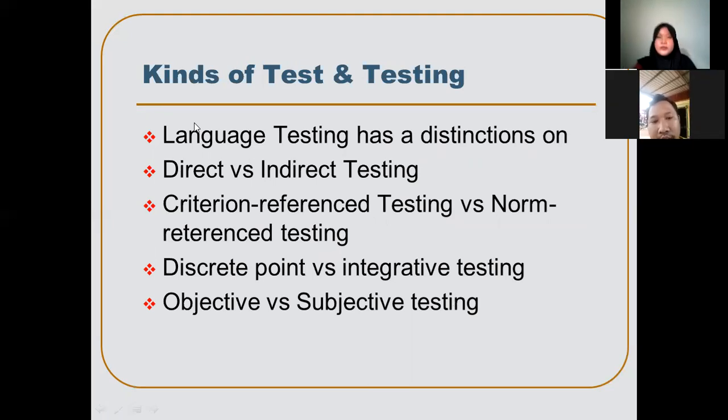It is important to know different types of tests that we can apply for different purposes, and how to test students with different aims. Here we normally see different pairs of tests, just like direct testing and indirect testing, criterion-referenced testing and norm-referenced testing, discrete point and integrative testing, as well as objective and subjective testing.